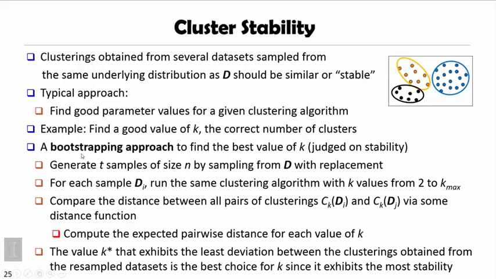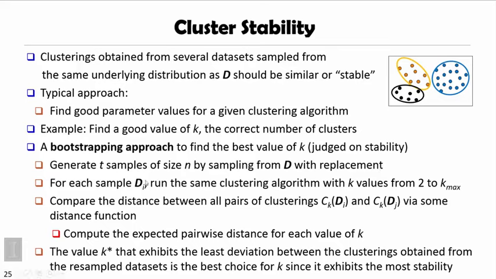We introduced one method called the bootstrapping approach to find the best value of K judged based on stability. How can we do this? Bootstrapping basically says from D, you take T samples of size N, but the sampling is done with replacement. That means every time you take samples from the same D, T times.